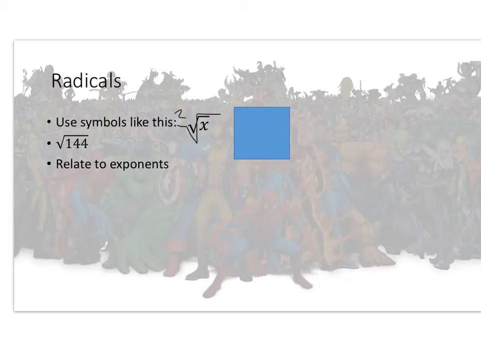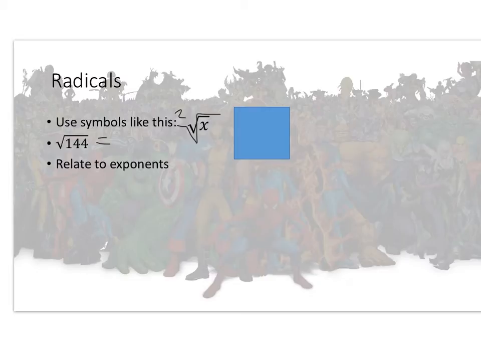That sounds kind of confusing, but if you look at our first example, this is the square root of 144. To find it, we want to think: what number can you multiply by itself to get 144?